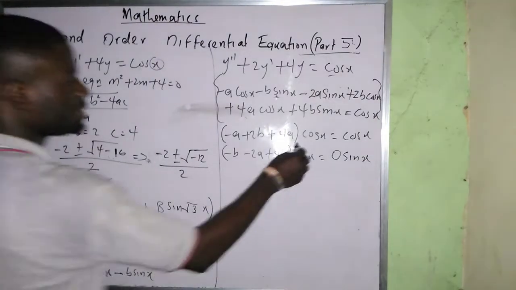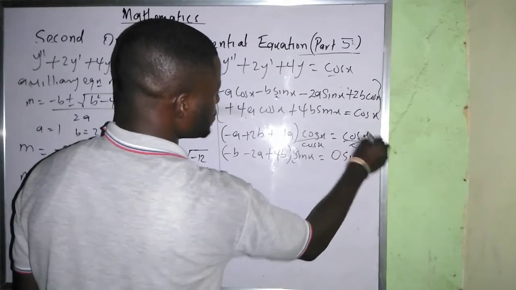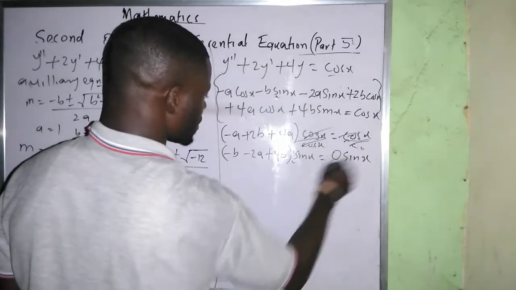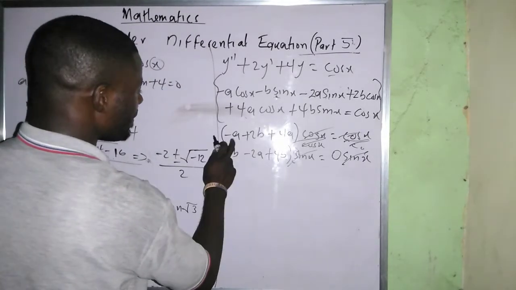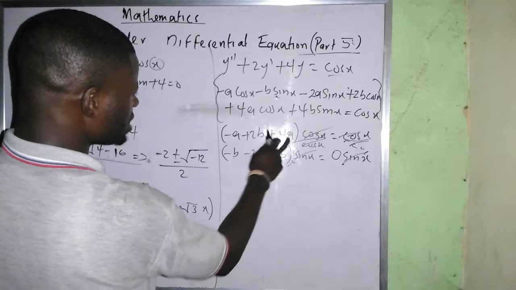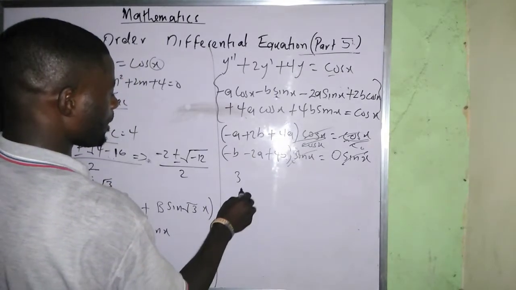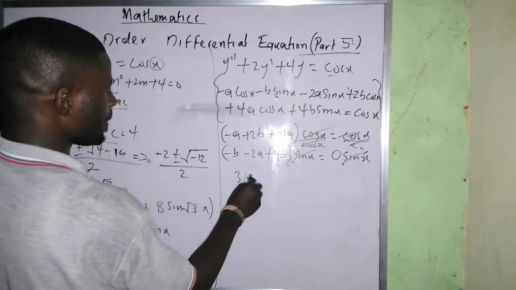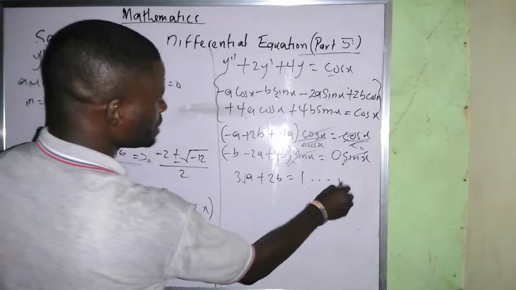Now, when you divide both sides by cos, it cancels. Cos will cancel, and sine will also cancel. Now I'll be having 3A plus 2B equals 1, equation 1.